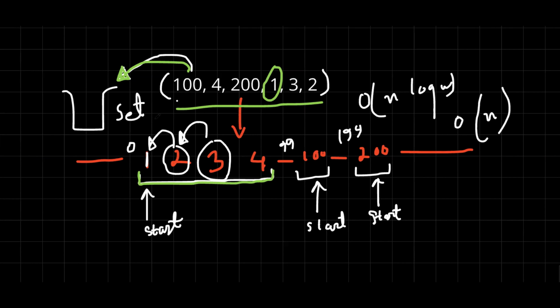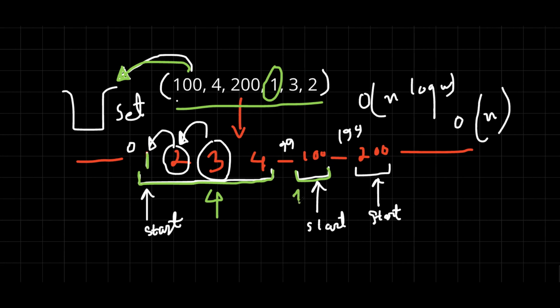If it is, that means we have to update our answer accordingly. Suppose here the 1 is present. So we have to check whether 2, 3, 4 are present in the corresponding input or not. Yes, they are present. So here the output will be 4. Similarly, 100 is another starting point, but it does not have any other subsequent value in the input.